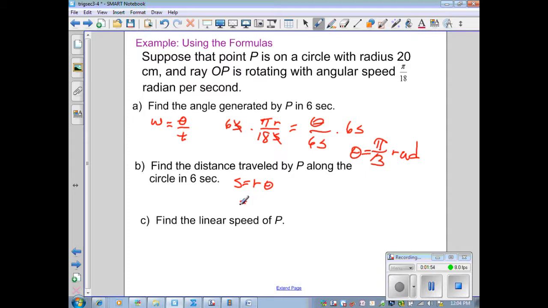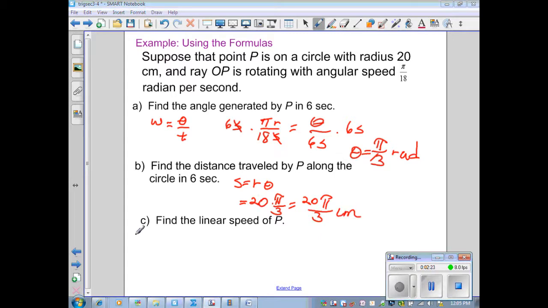Here, the radius is given to be 20 centimeters, times theta, which I know is pi over 3. So when I simplify, I know that my arc length is going to be 20 pi over 3 centimeters.